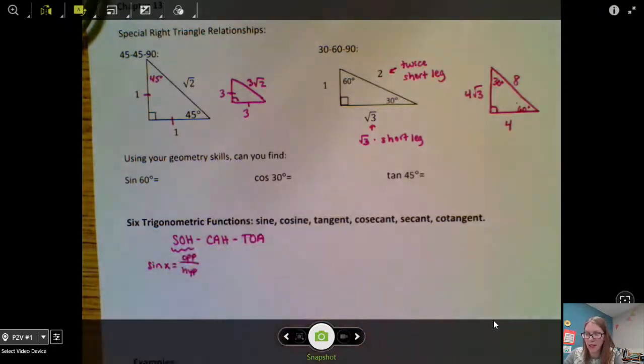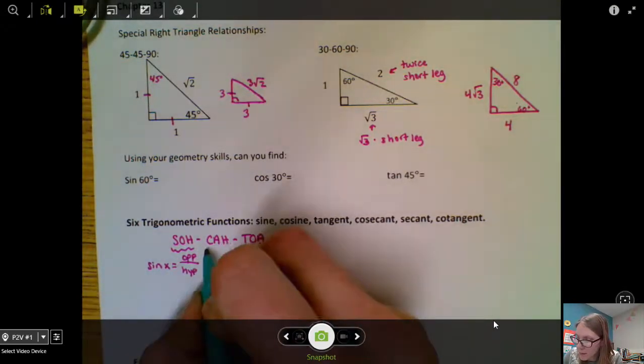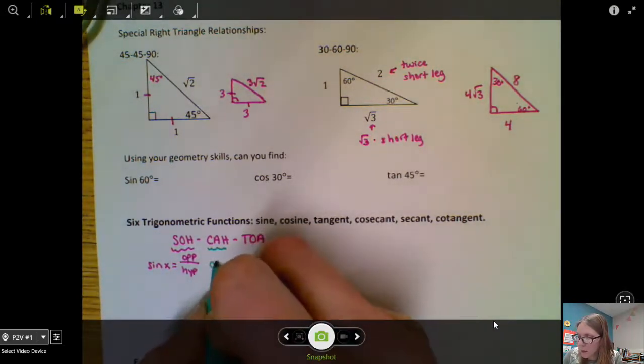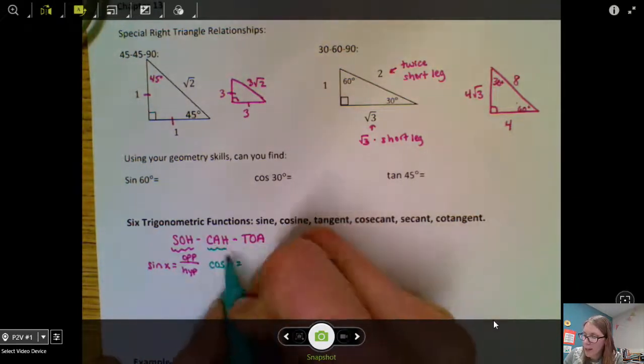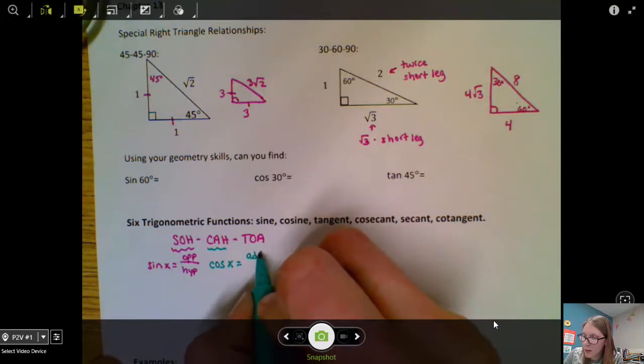The cosine of an angle, abbreviated cos, is the adjacent over the hypotenuse.